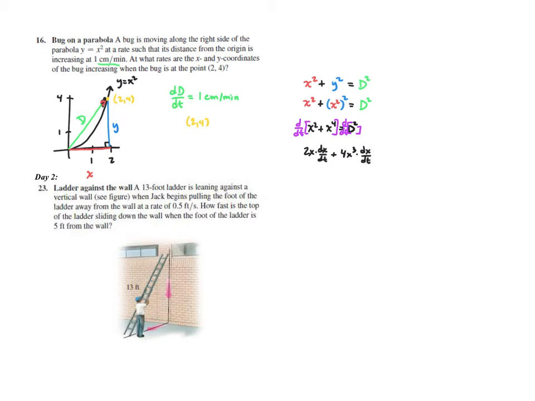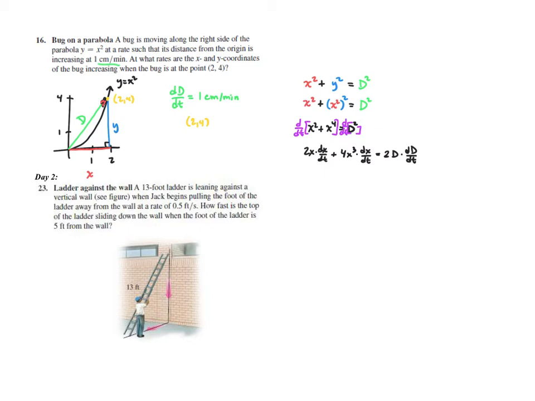So if I wouldn't have substituted in x squared for y, I would have a dx/dt and a dy/dt, which would be a problem. All right, and then this all would equal 2 times D times dD/dt.